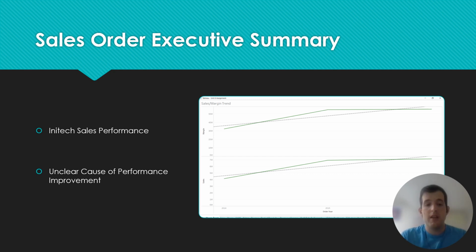We'll dive into the data further on in the presentation, but the big takeaway is that there's some hidden cause of the sudden increase in performance from 2014 and 2015. Because of that, Initech should consider what processes or approaches it took during 2015 and 2016 to see those increases. Moving on.